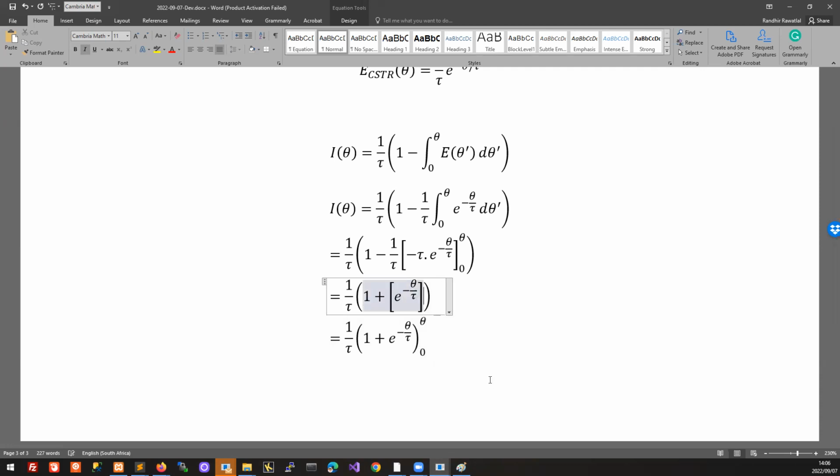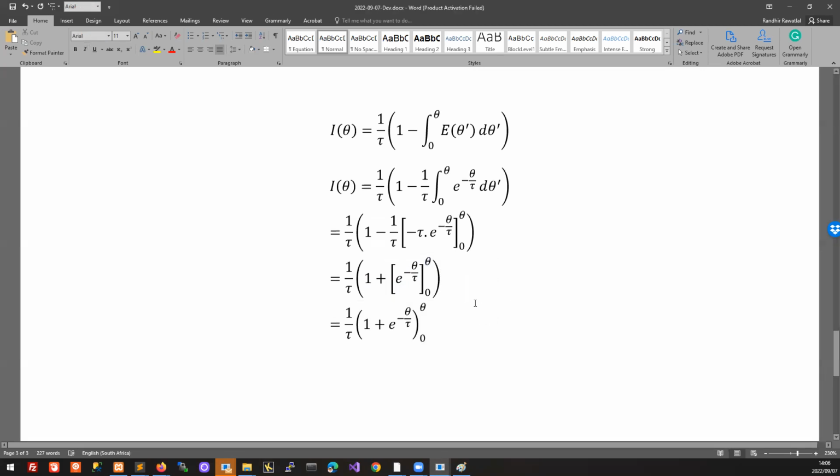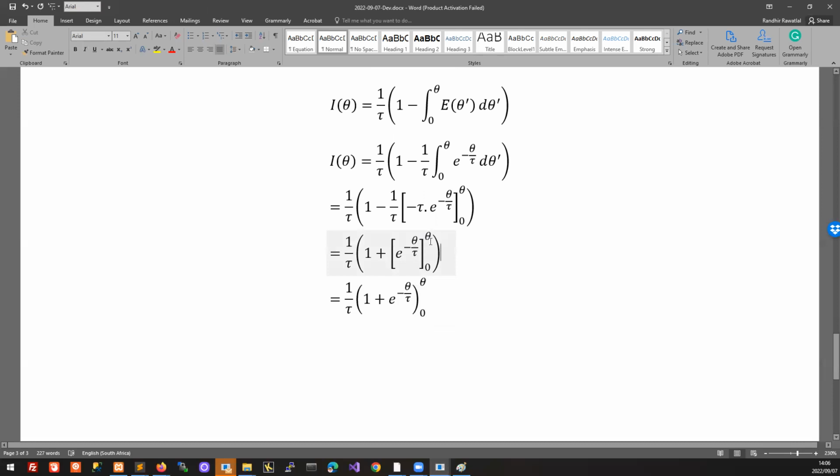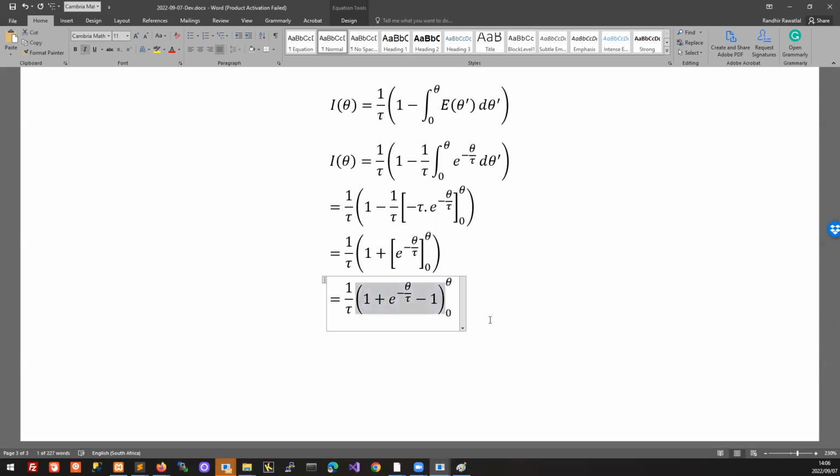So you see, you have to be very careful. Okay, so that's right. If theta equals theta, then obviously you get that part. Then when we apply the lower limit, we have to say minus, and at 0 we've got e to the 0, which is a 1. So minus a 1 here, okay?